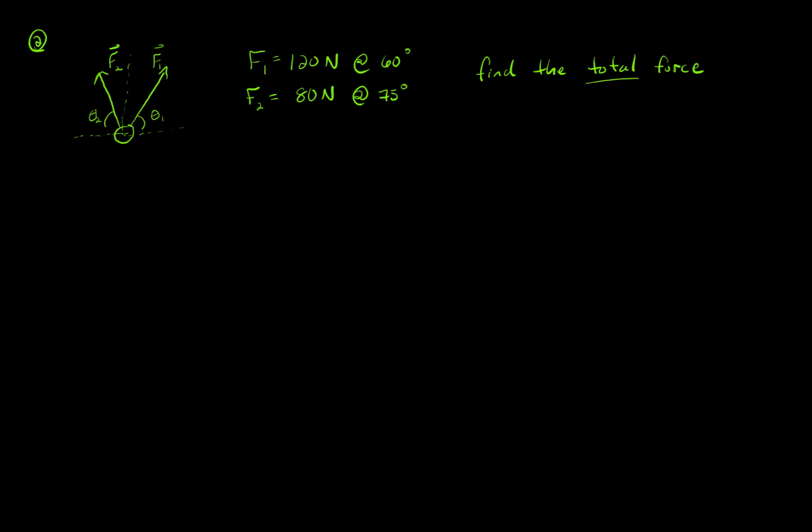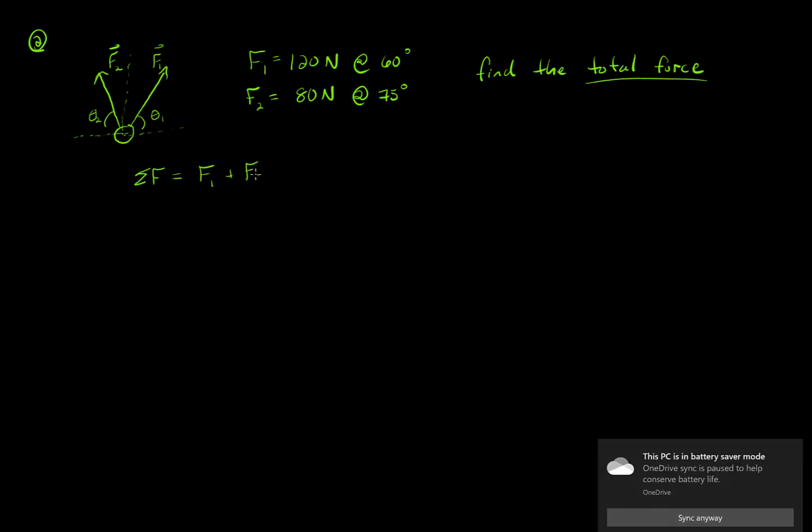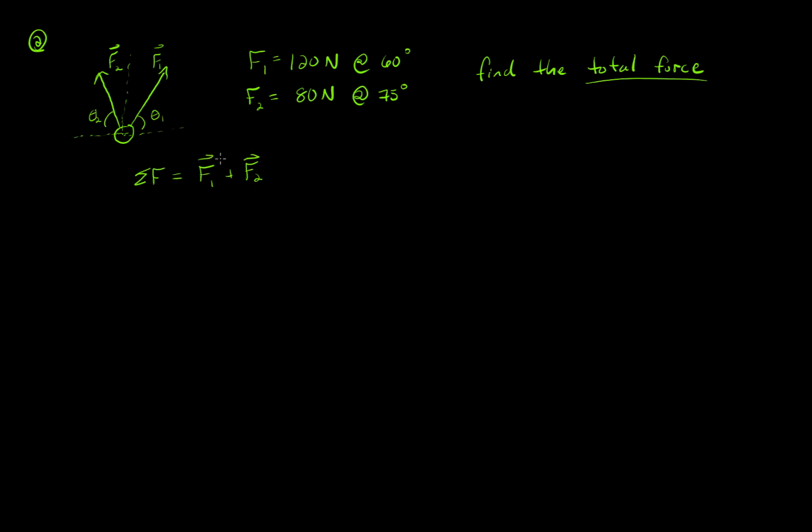Okay, so to get the total force, the net force, we want to add force 1 plus force 2. Now remember, we can't just add up these, so it's not just going to be 200 newtons. That's not how it works. We have to work with the components. So we're going to do each of these in terms of its components, Fx and Fy.